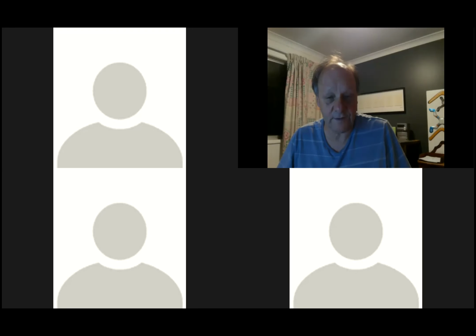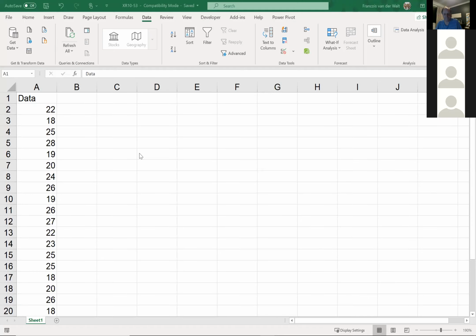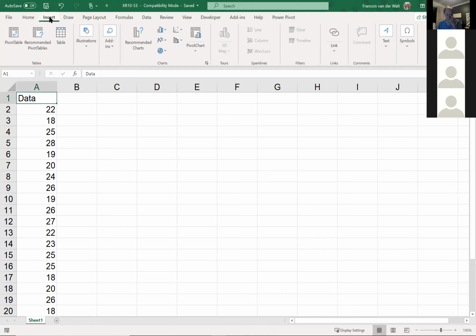Okay, and I'll share my screen, and I'll try and use some of my squonky drawings to explain it to you a little bit. Remember now that although this is actually using the T distribution, Excel has got it built in.